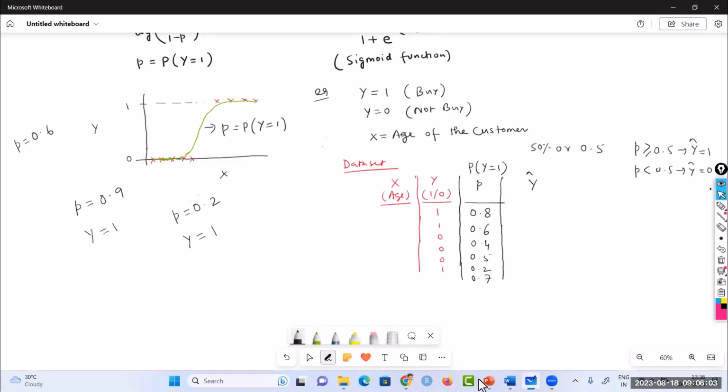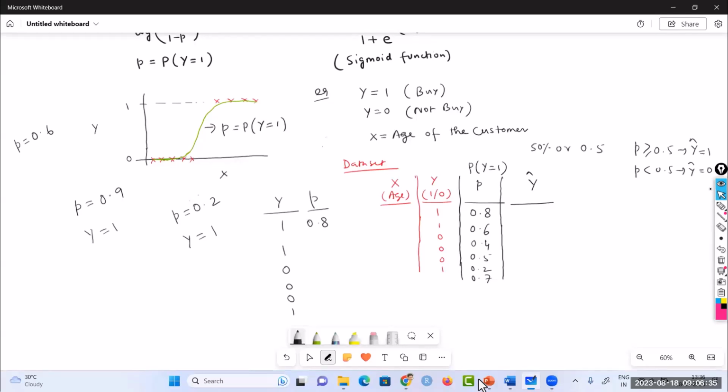So based on this, I can create this y hat column. Yesterday you were telling me I had this y column as 1 and 0, and then this probability column obtained from this logistic regression model. Here I will not take the difference, because this is a probability column and y is categorical in nature.